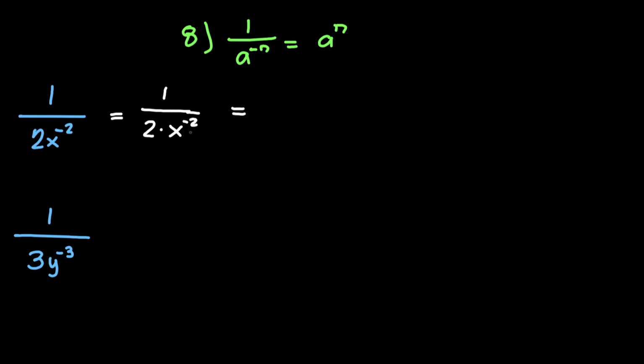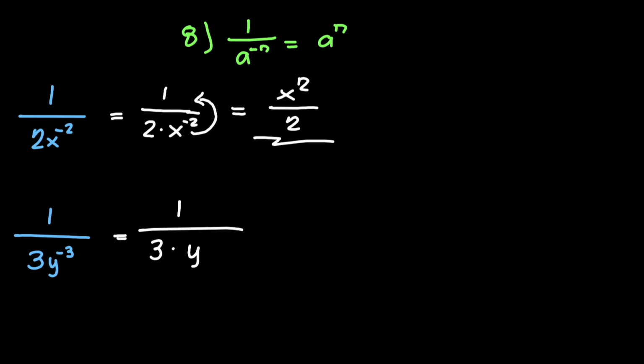So, x raised to the power of 2, you put it above, so it will be x squared over 2. 1 over 3y raised to the power of negative 3, it would be 1 over 3 multiplied by y raised to the power of negative 3. Put this up to the top, so it will become y raised to the power of 3 over 3.